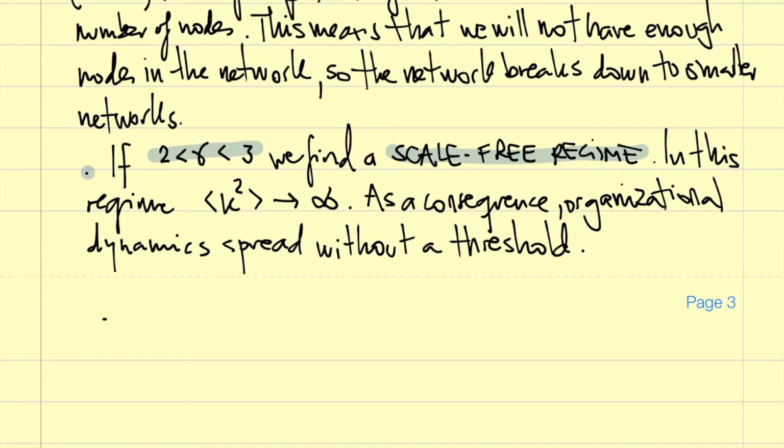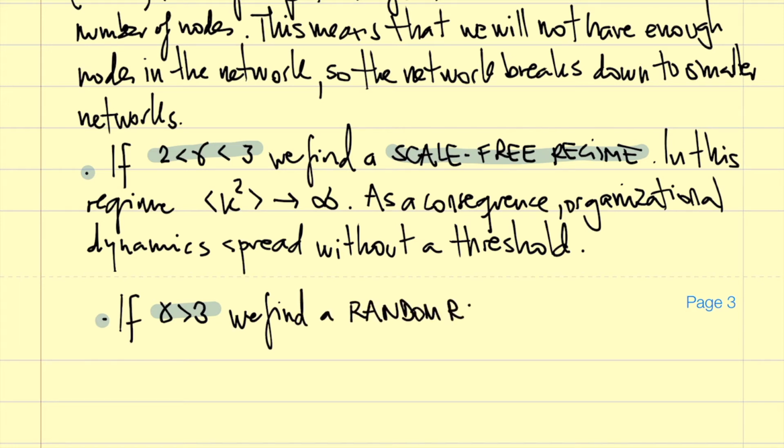If gamma is bigger than 3, we find a random regime.